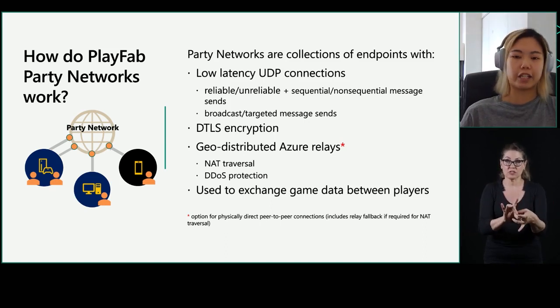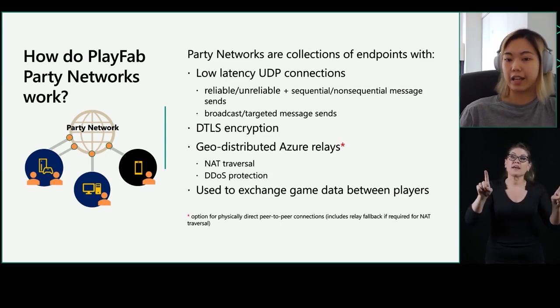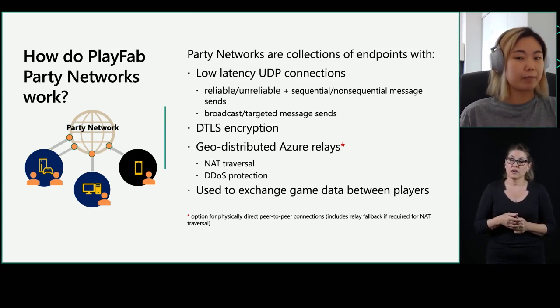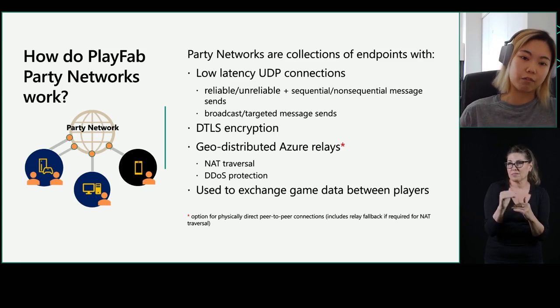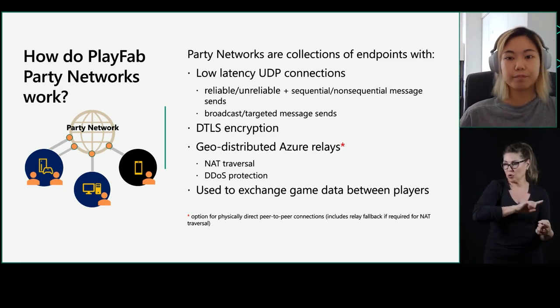Overall, Party makes it extremely flexible and efficient to manage your sends. There is also broadcast or target select endpoints. One benefit over UDP packet relay is that we minimize network bandwidth by sending one message up and letting a relay send down to the other endpoints.